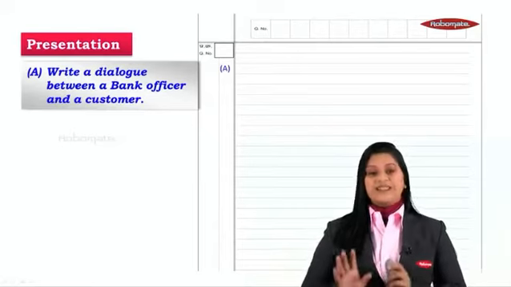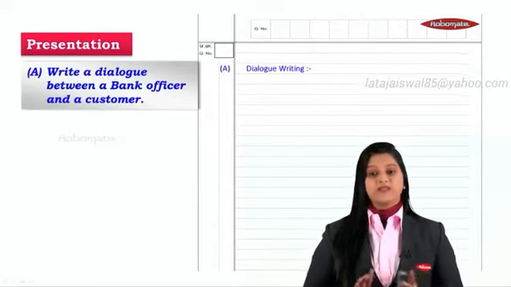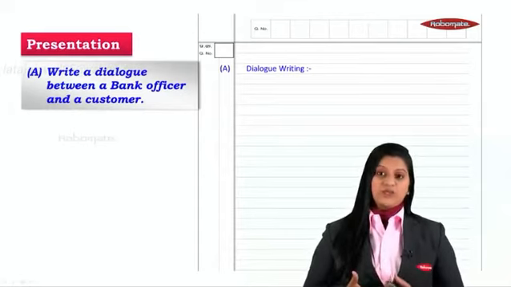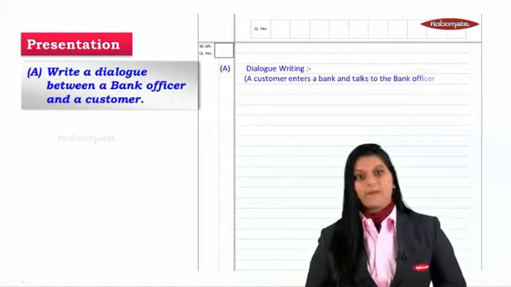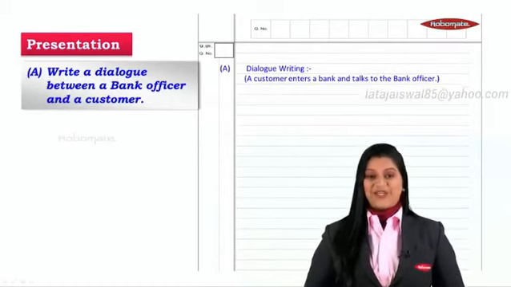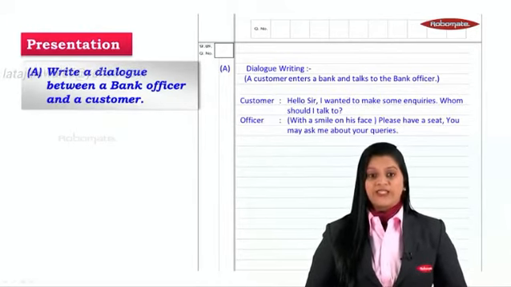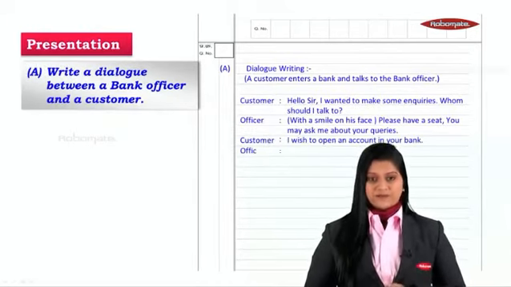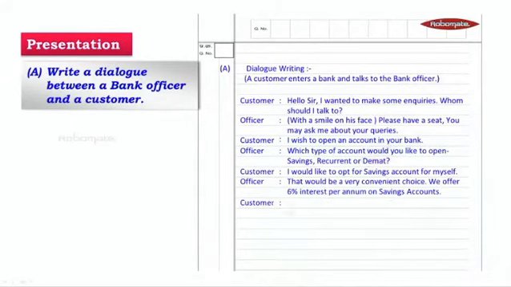Let's first have a conversation between the 2. Then I'm going to highlight certain important things that should be taken care of when you present your dialogue well. To begin with, what is the first thing that comes in? Yes, your introduction, and then one by one you write your dialogues. Now, I'll just read out this dialogue to you.